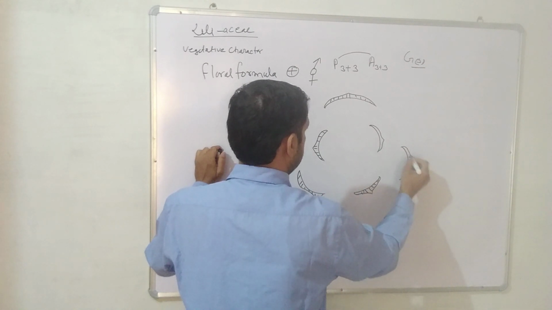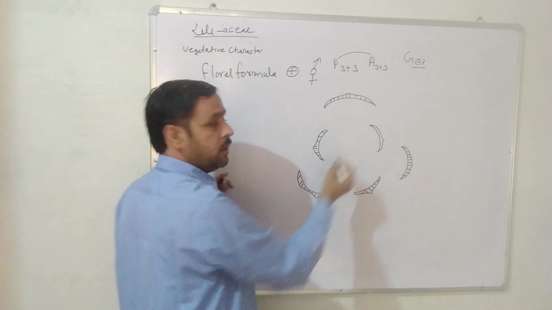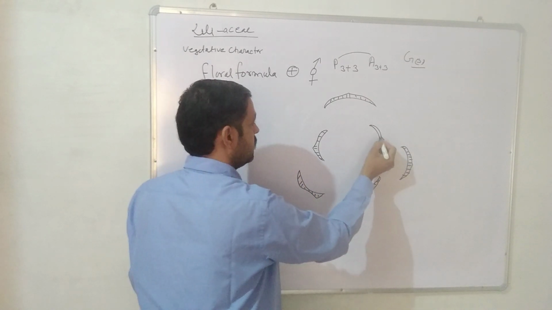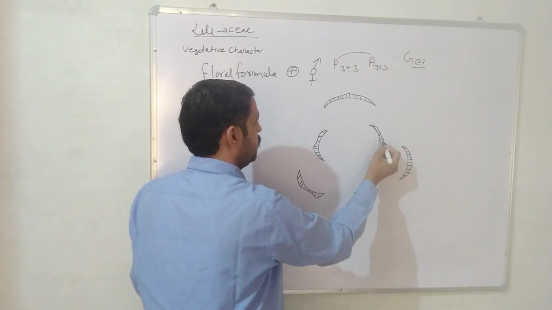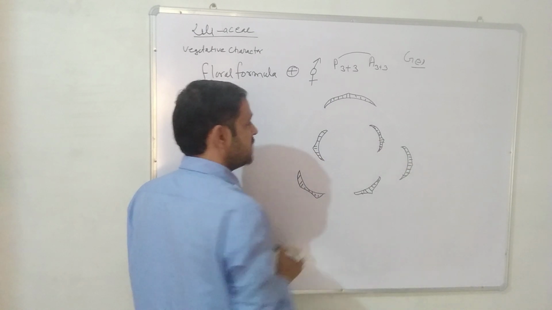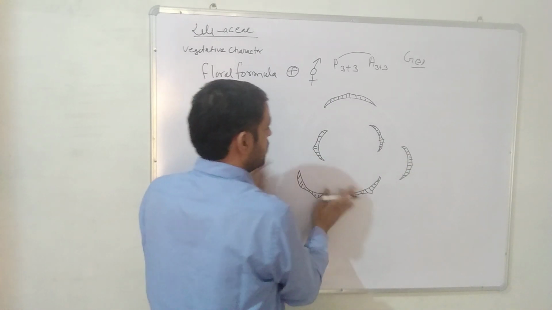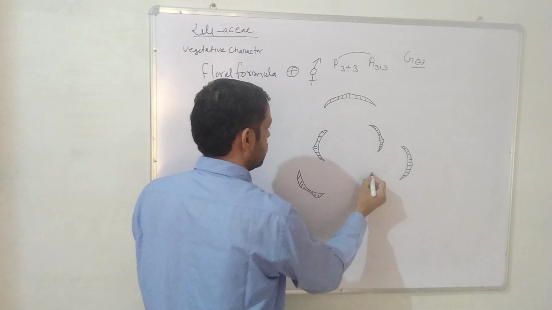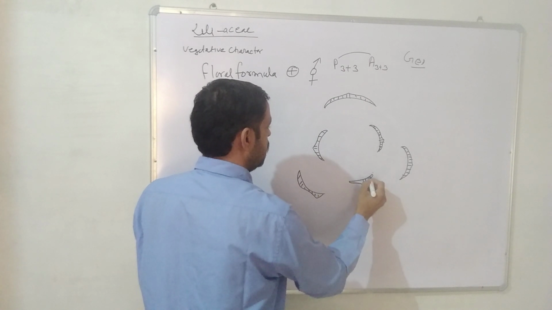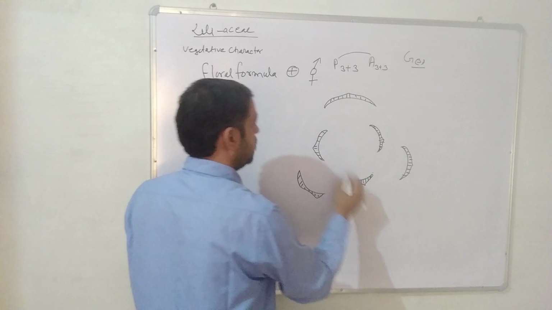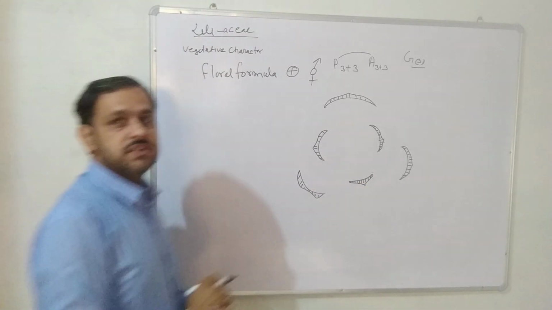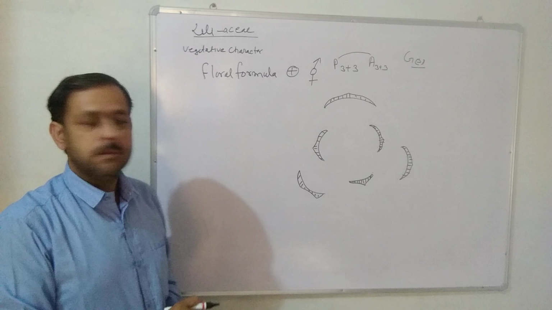These outer three structures are called sepals, and these three inner structures are called petals, but here both are of the same color, so these are called perianth.